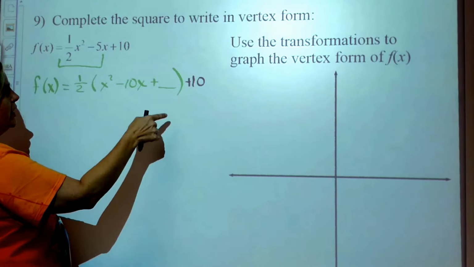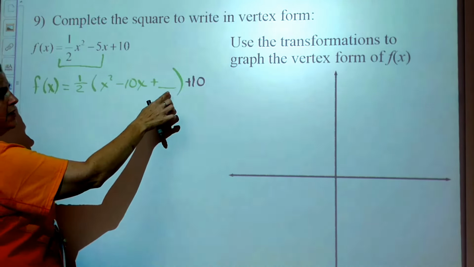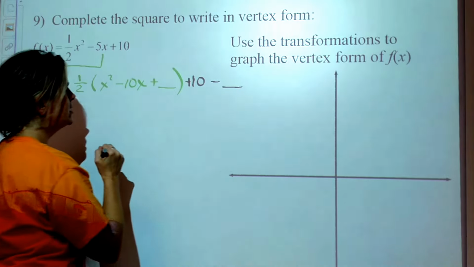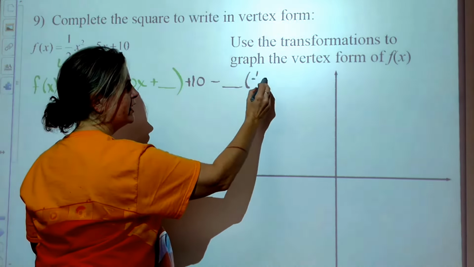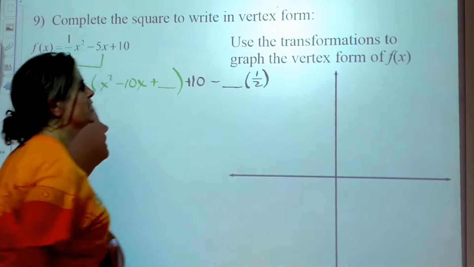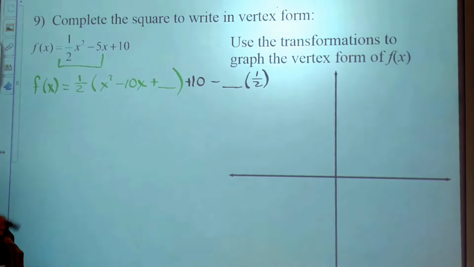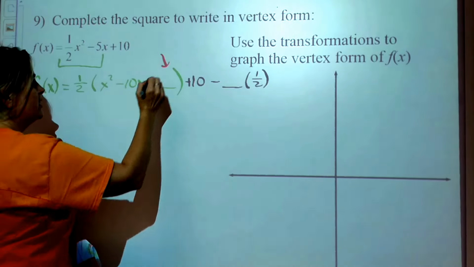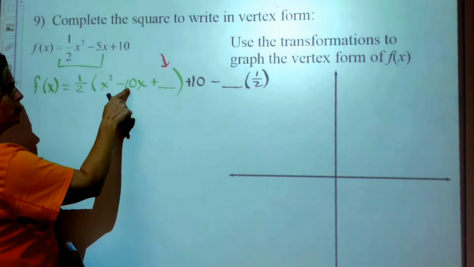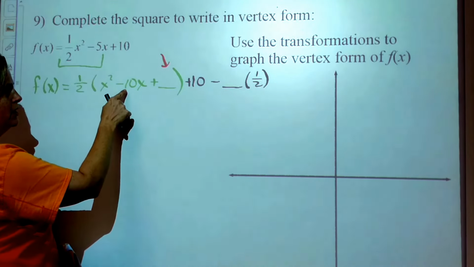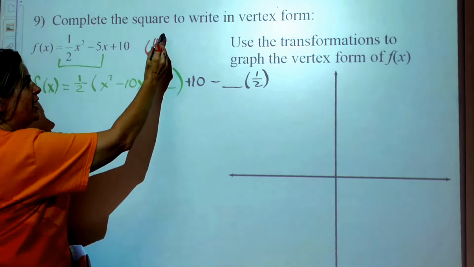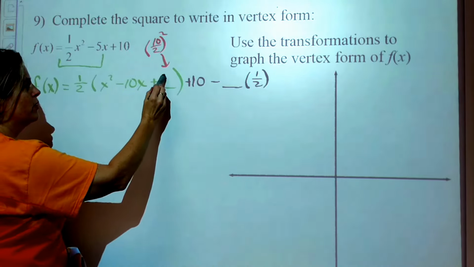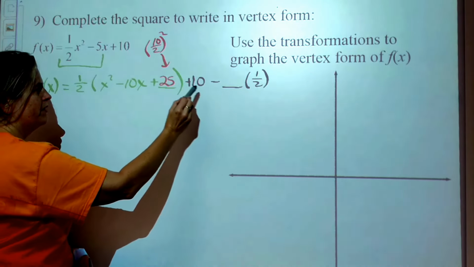And you've got to balance it. Since we're adding something here, we're going to subtract the same something. Our blank is being multiplied times 1/2, so this blank also has to multiply times 1/2. Shortcut of finding this is take your x term's coefficient, the b value, 10, and take half of that. Half of 10 is 5, and you're going to square that. So that will be 5 squared, 25.